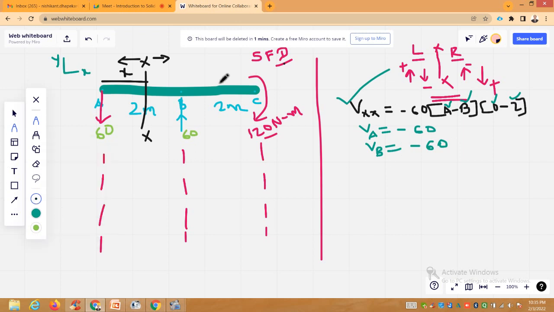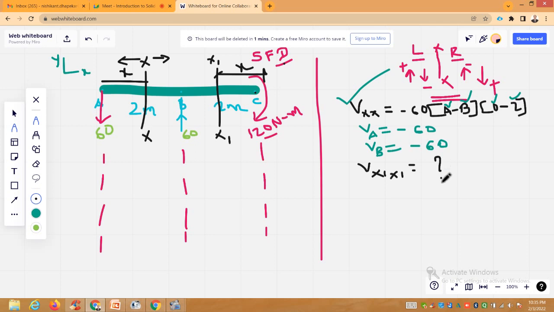Now proceed further for the second section, and the section is x1. This time I am taking this section from right hand side, dead end C, because if I consider the left side, there are 2 reactive forces, so better to consider from right hand side. Now your master equation for x1 will be equal to what?